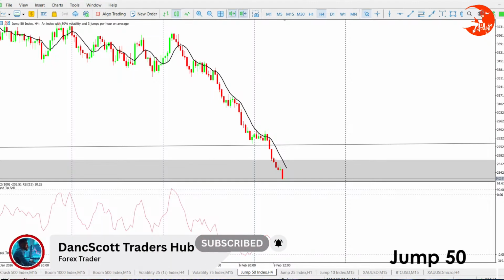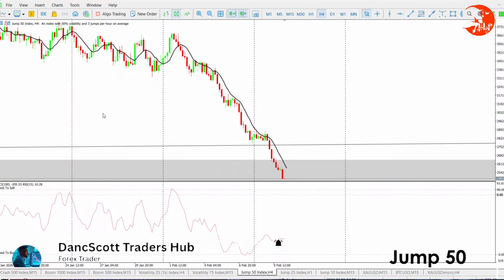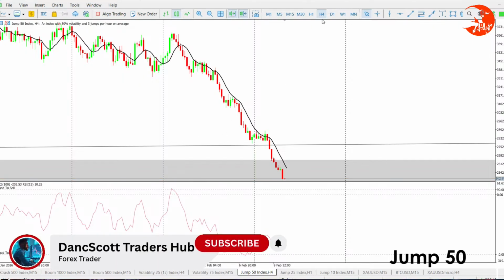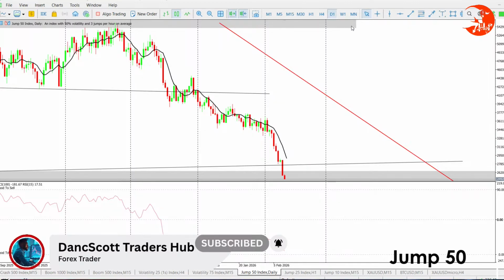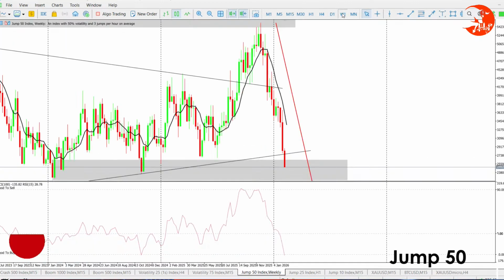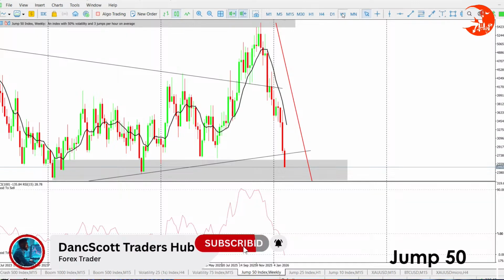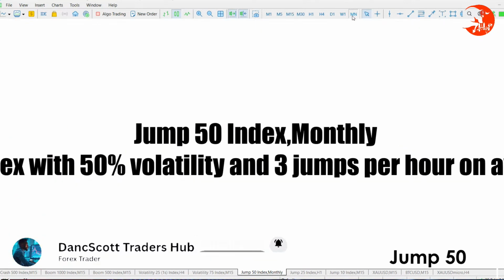Jump 50. All right, so this has been a no-go for us for some good days, and clearly that is enough breakout on the weekly, the daily, the H4, everything. So what is it aiming at?